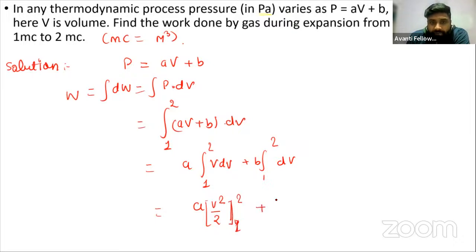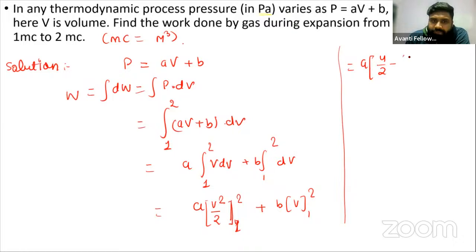Okay, plus B into V from 1 to 2. Now put the value of limits inside it. That is, upper limit, which is 4 by 2, minus lower limit, which is 2 by 2, which is 1 by 2.